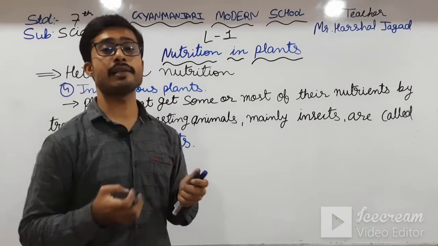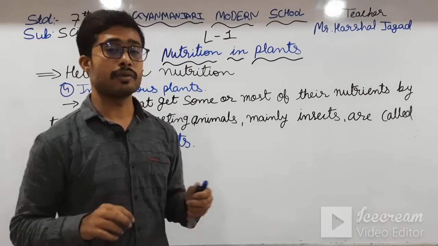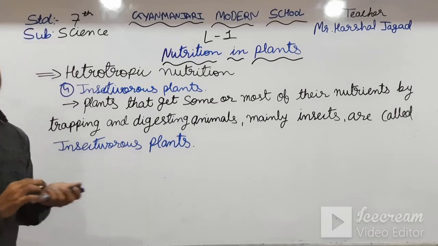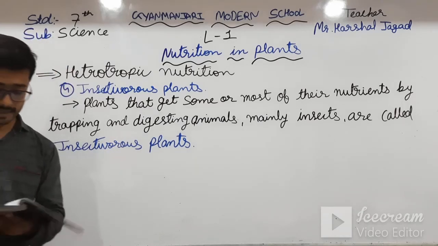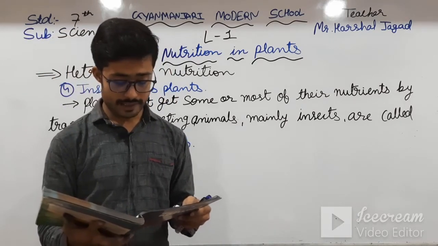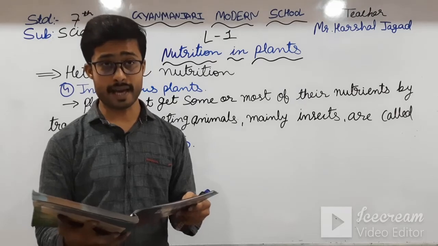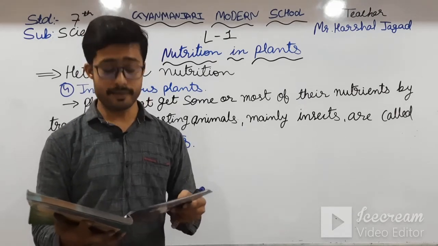They digest the insects and take the nutrition from them, so they are known as insectivorous plants. Reading further, insectivorous plants are capable of carrying out photosynthesis to meet their nutrition demand.